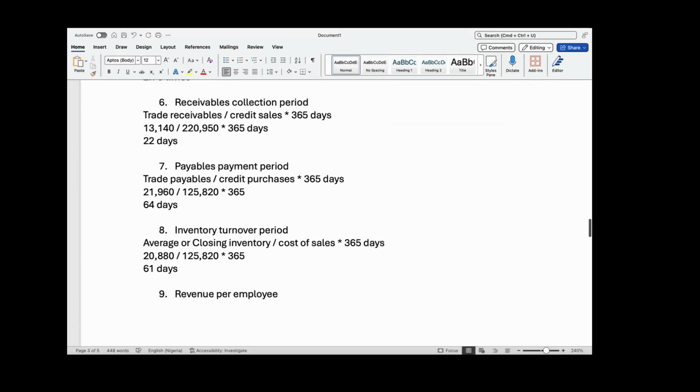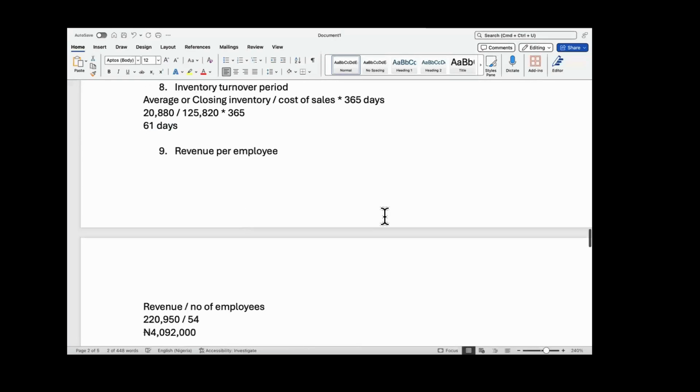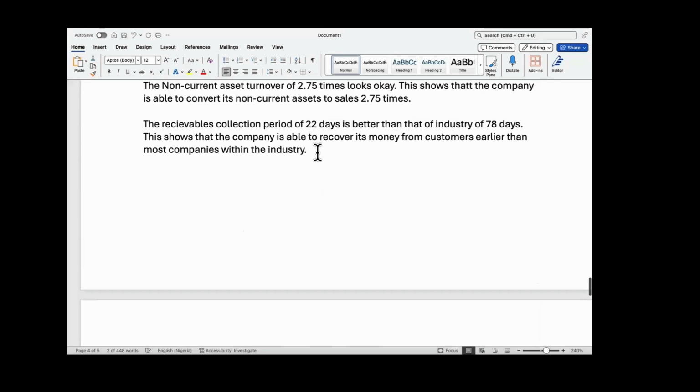Then the payables payment period of 64 days, industry is doing 34 days. I'll say the payables payment period of 64 days is longer than the industry average of 34 days, I guess.